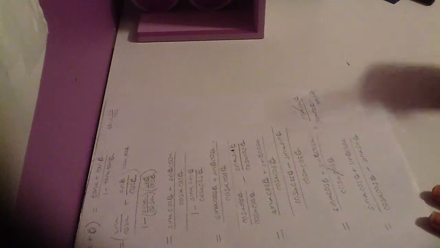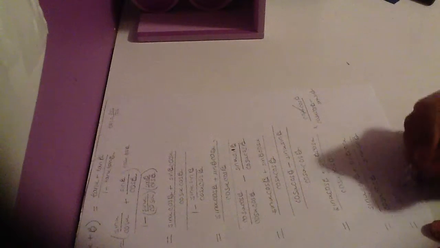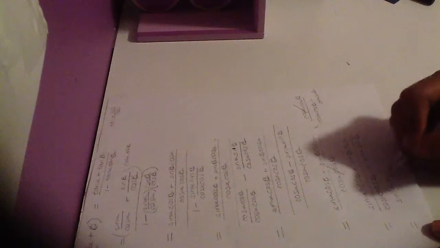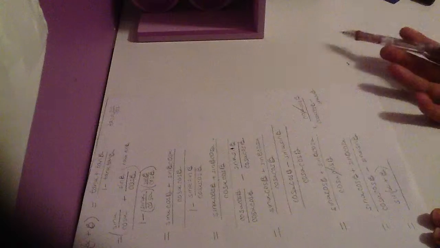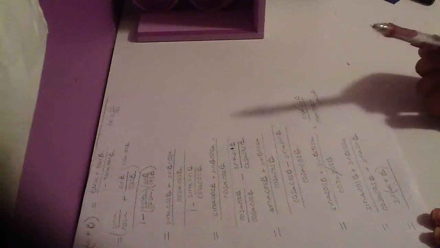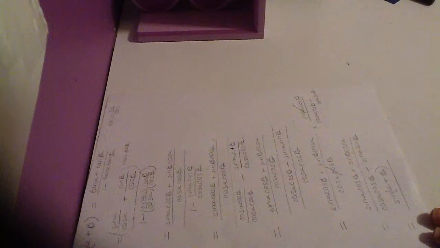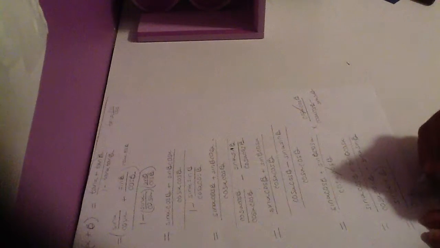And now, since we have other identities that tell us that the sine of alpha times the cosine of beta plus the sine of beta times the cosine of alpha is equal to the sine of alpha plus beta. And we have another identity that tells us that the cosine of alpha times the cosine of beta minus the sine of alpha times the sine of beta is the cosine of alpha plus beta.